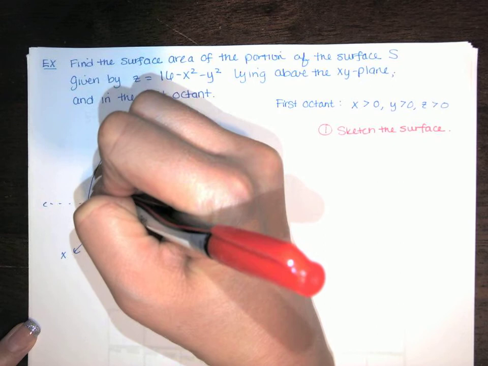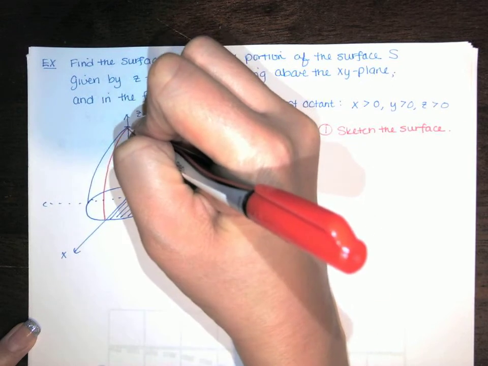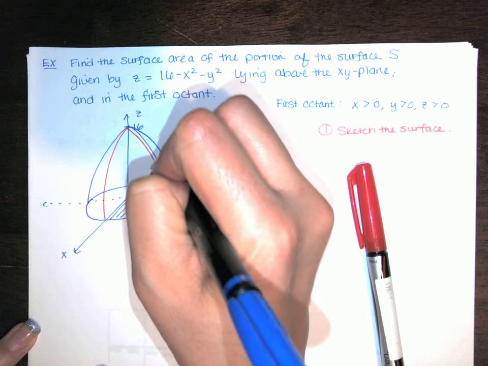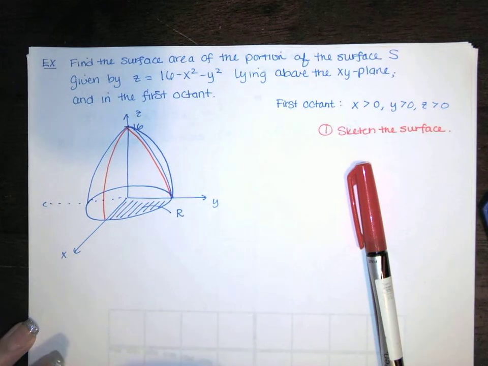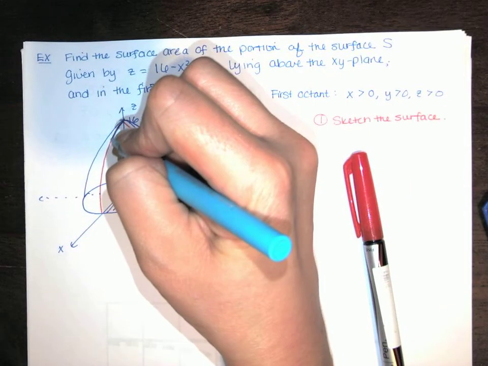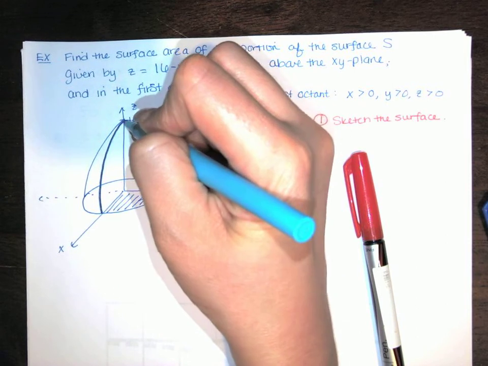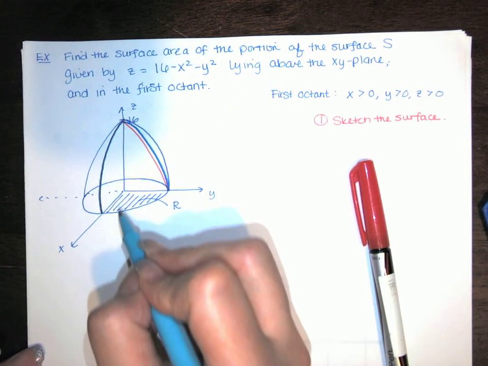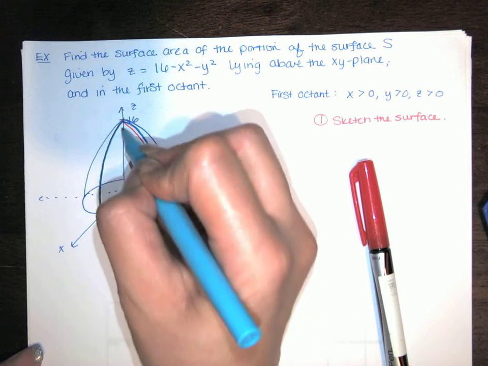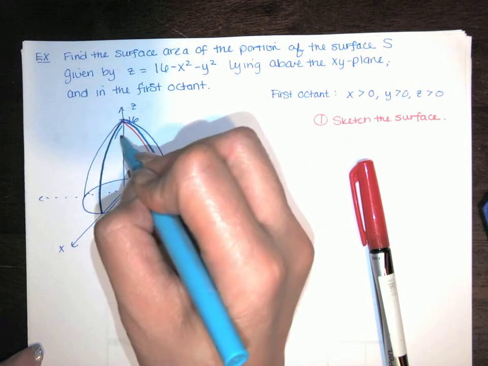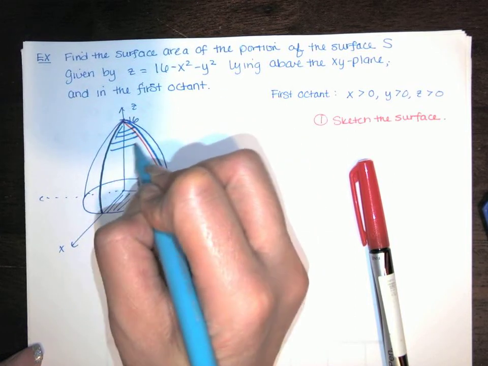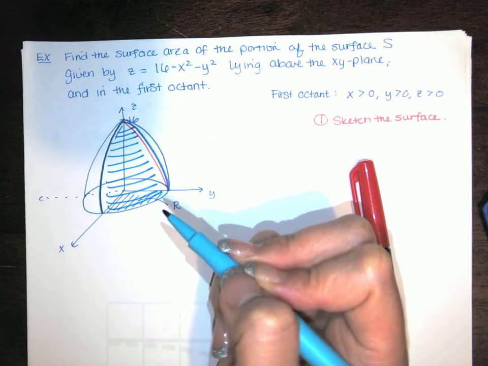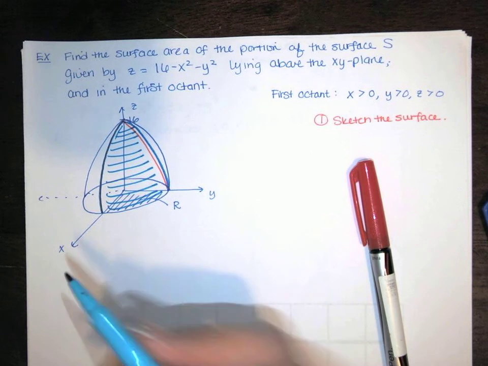And the first octant part of the surface, I guess probably should have made this a little bit wider back here, is just this part here. Where x and y are both positive and z is positive. I don't know how to draw it, just to make it clear that it's a surface. It's that part. That's what we want.